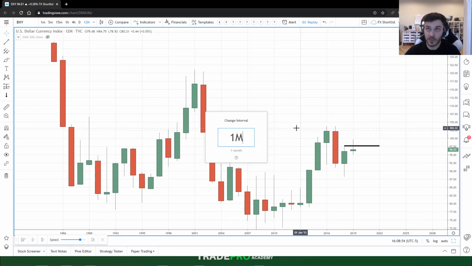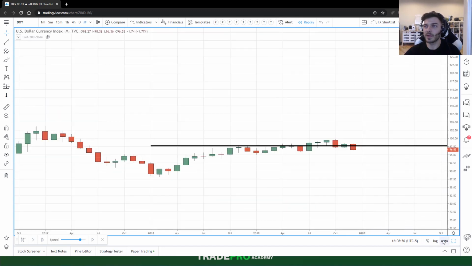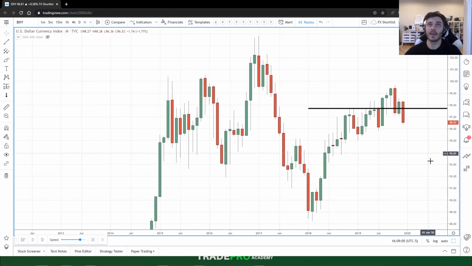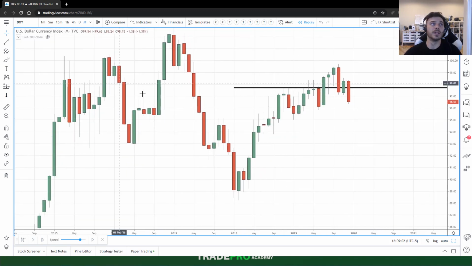Let's drop down now to the monthly time frame and have a bit of a closer look as to what's happening here in this market. So here we are on the monthly time frame. What we can see, we have 2019 starting right down there. All right, and so January started off on a bit of a sell-off.